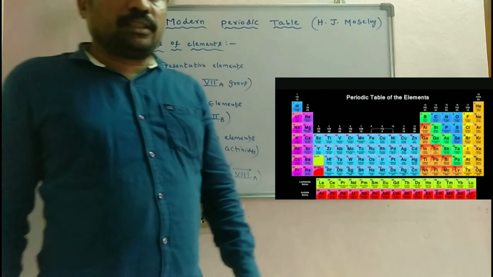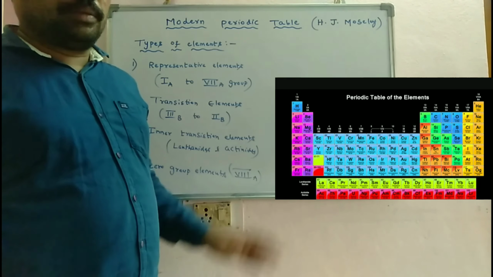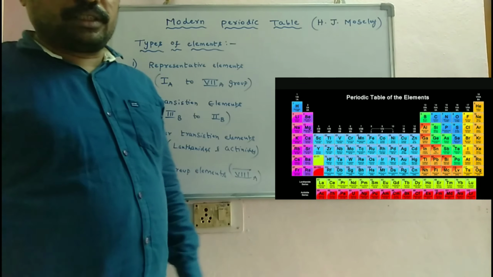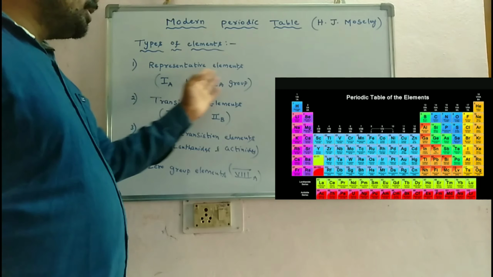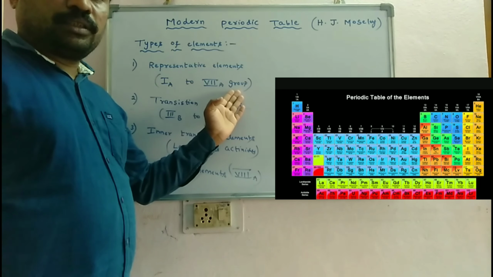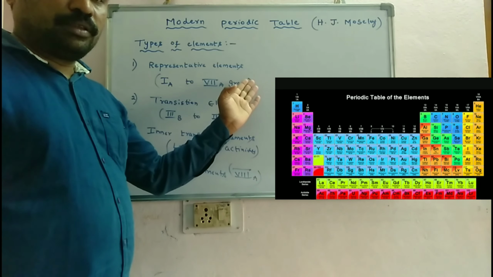So now let us discuss the types of elements in the Modern periodic table. There are 4 types of elements we can see. The first one is representative elements, that is, 1A to 7A group elements are called representative elements, right?